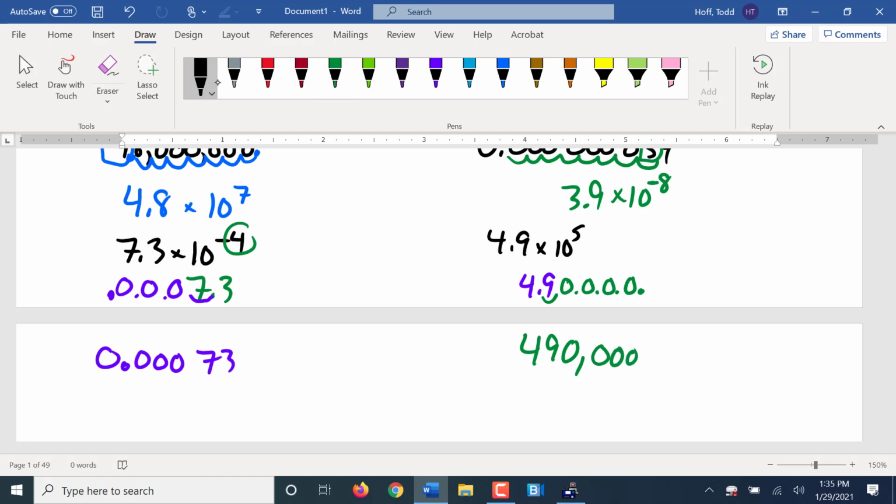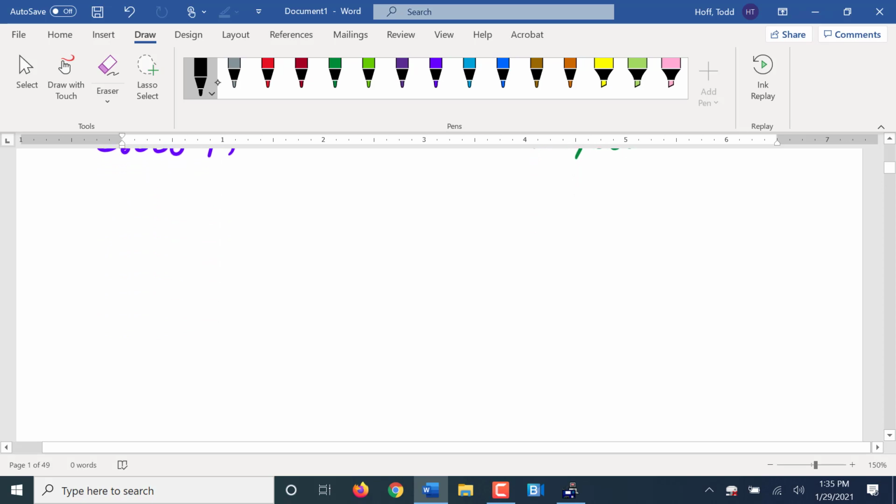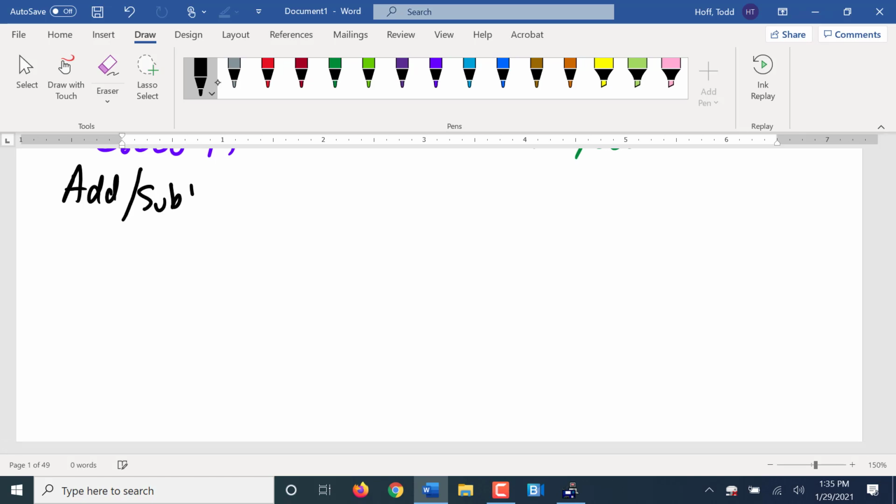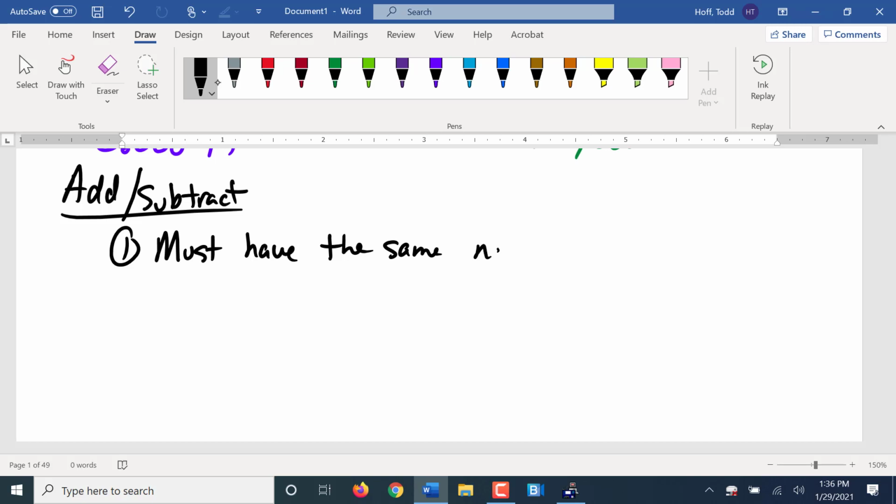So our first new topic for today is we want to look at doing operations with scientific notation. And I'm going to review the rules when we add and subtract. When we add and subtract, of course, we must have the same name. With fractions, that was common denominator.